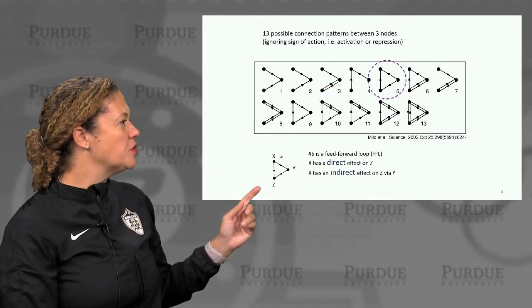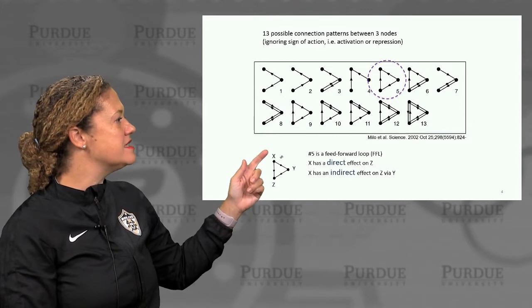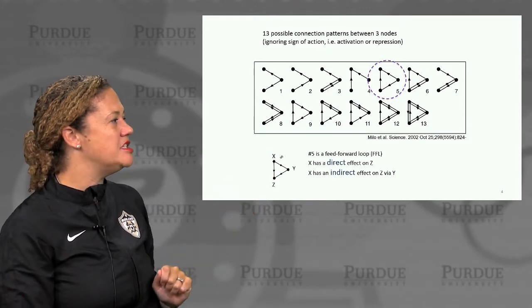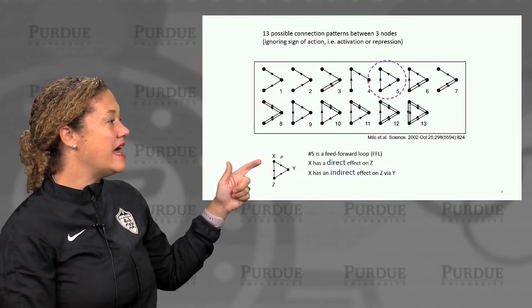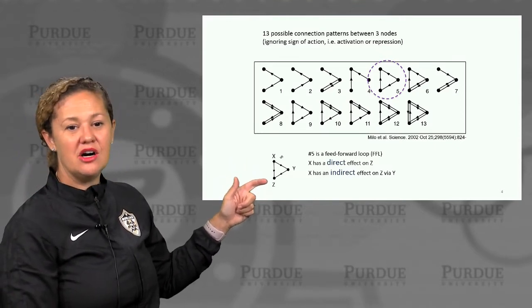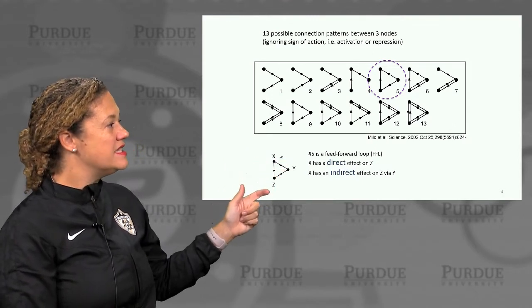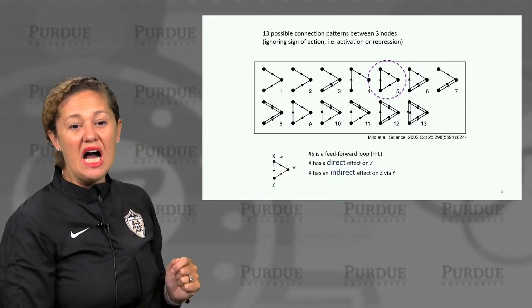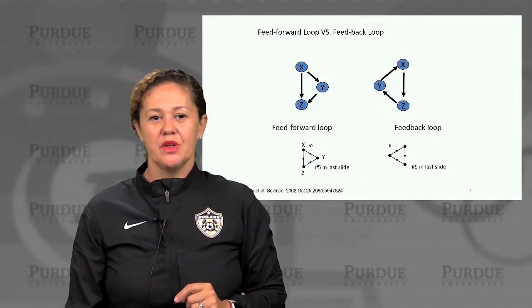And in our feed-forward loop, if we sort of rotate this and now assign some names to our nodes, so if we consider gene X, gene Y, and gene Z, we can see that X can have a direct effect on Z, or it can have an indirect effect on Z via Y. And this is our feed-forward loop.